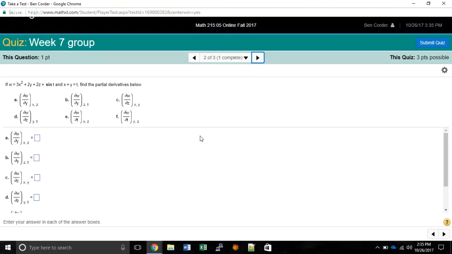All right. This is the one. This is the one with constrained variables, correct?